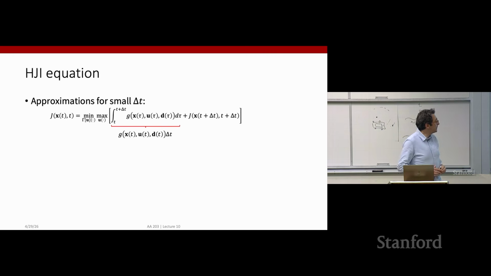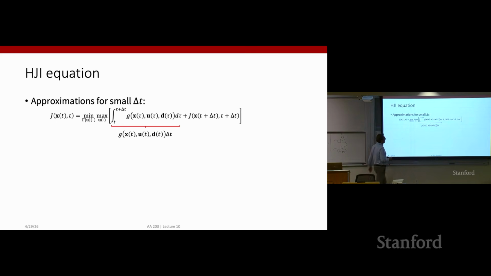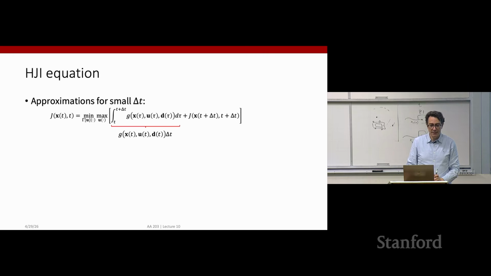So the integral can be approximated as g times delta t. Over a very, very small interval delta t, you can view the function g as taking an almost constant value, so the integral is simply equal to the integrand times the time difference delta t. x of t plus delta t can be written, according to a one-step Euler discretization, as x of t plus delta t times f of x, u, d.